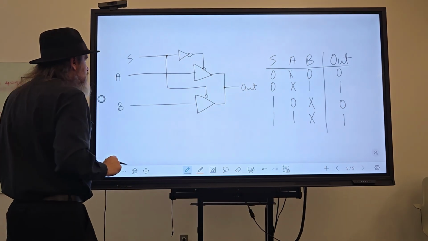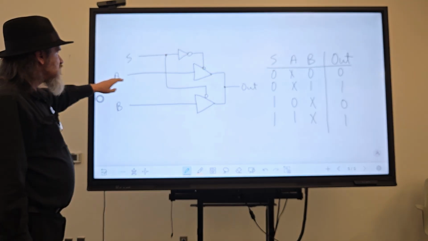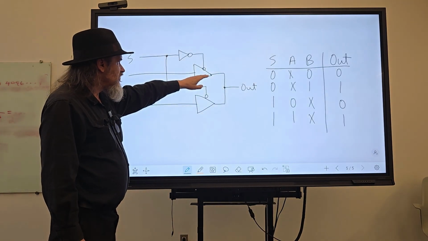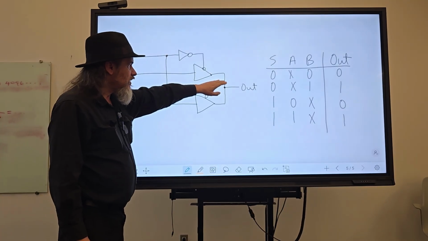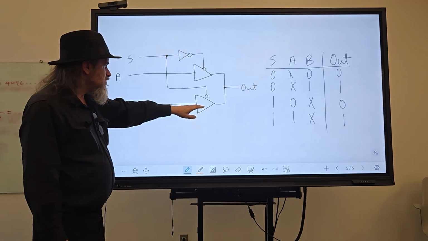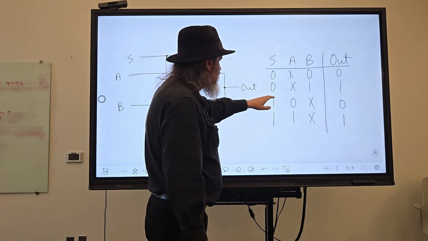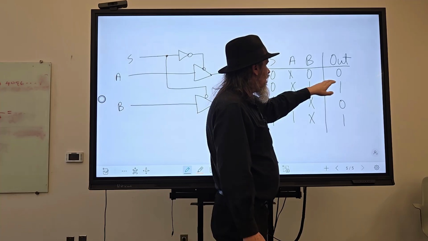So what you have here is, if select is 0, the A buffer is in a high impedance state and therefore not connected to the output, but B's output is enabled, so when S is 0, B is shown on the output.